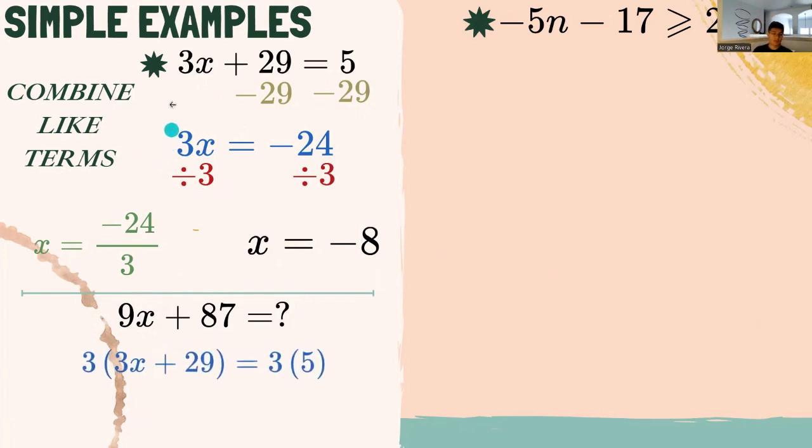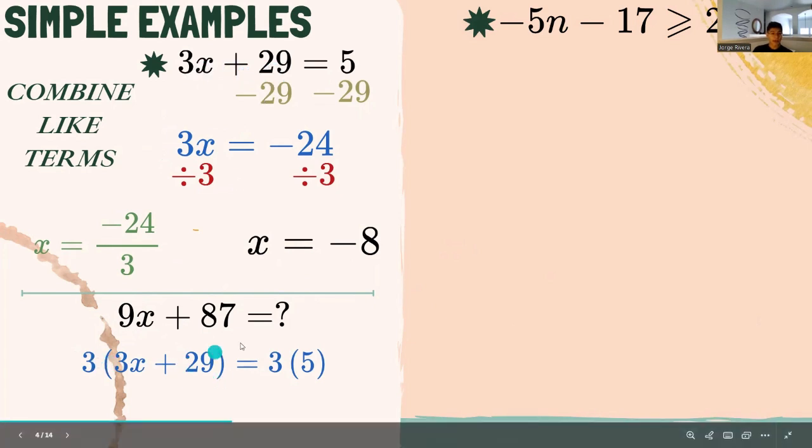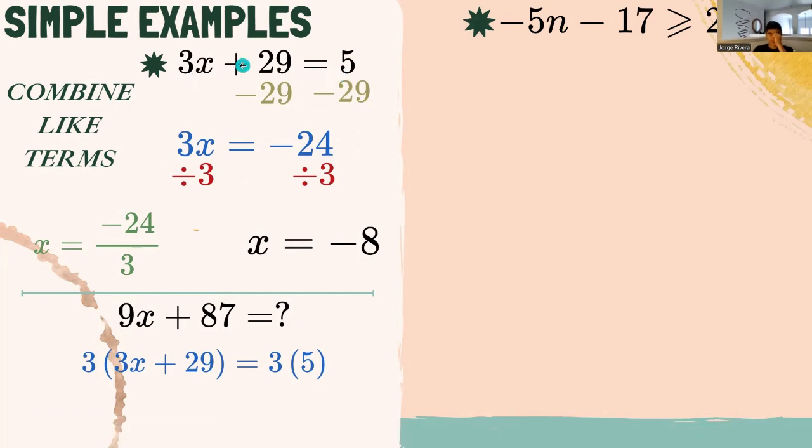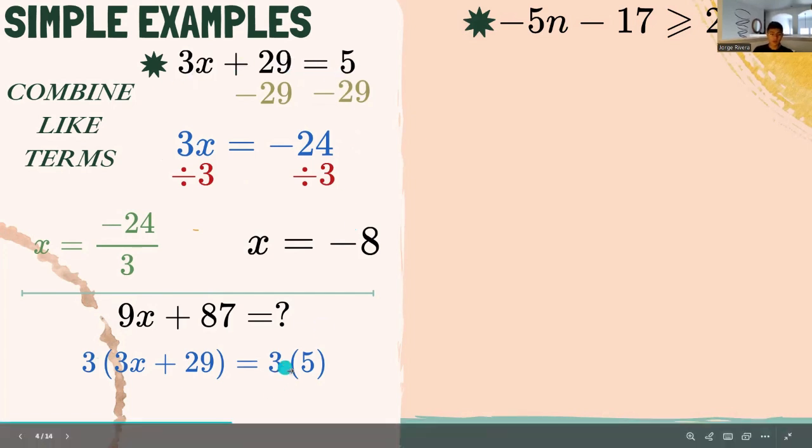Spoiler alert: 9x plus 87 is the same thing as 3x plus 29 times 3. So the output of this function, 5, multiplied by 3, is the same as if we multiply this side by 3. That means 9x plus 87 is equal to 15.